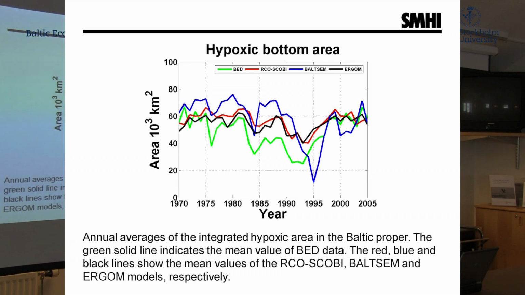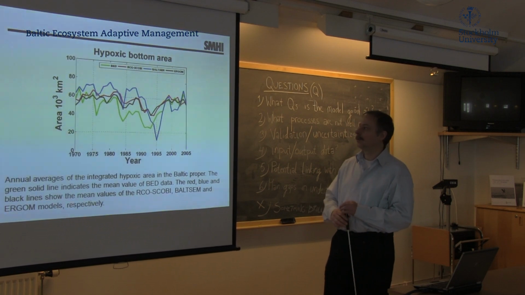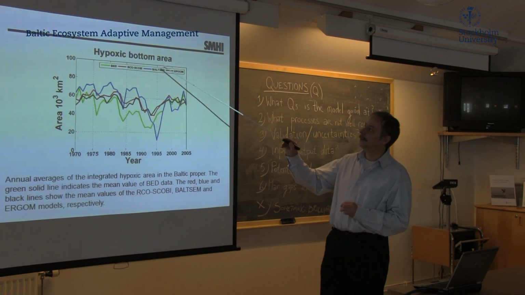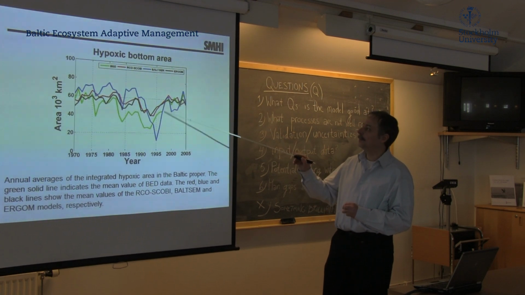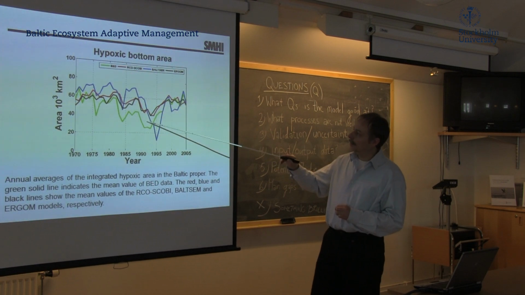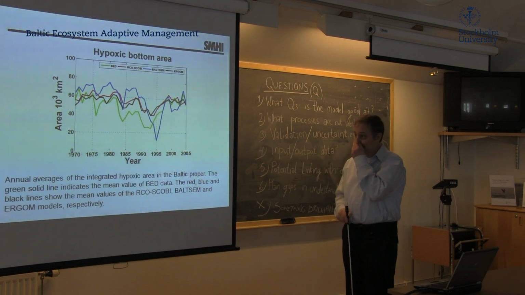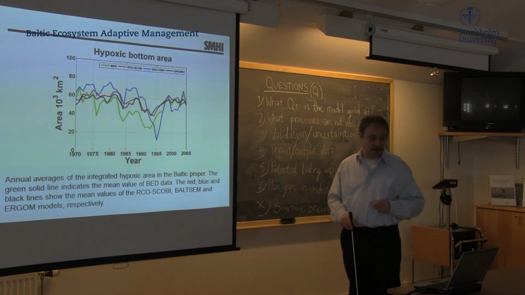In this case, the one-dimensional model is the worst, and this is actually understandable because the spatial extent is not resolved. Otherwise, BALTSEM is the best actually from the ensemble. So you can see somehow the dip during the stagnation period in the models, but they overestimate the observed hypoxic area in this case.